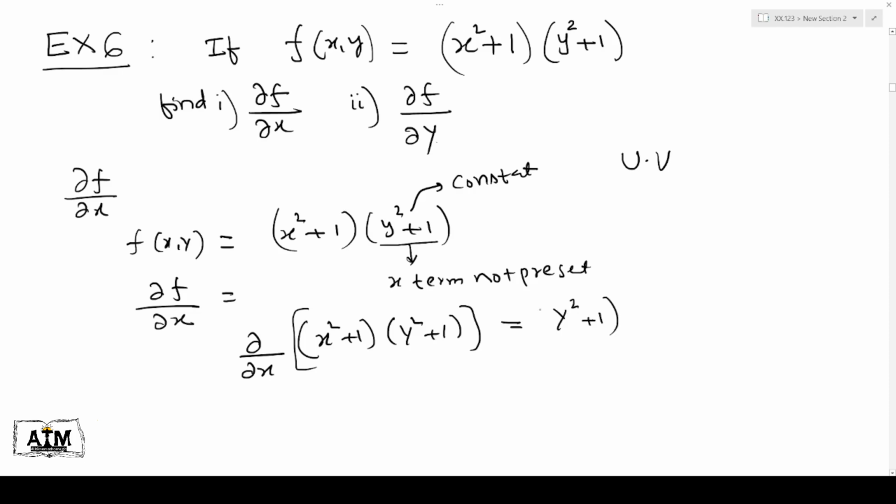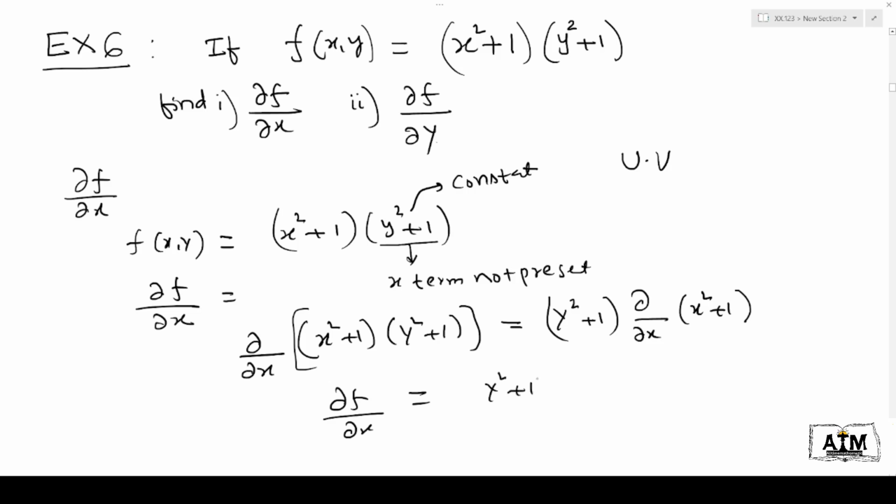So y square plus 1 taken out, then partial derivative of x square plus 1 with respect to x. Therefore, dou f by dou x equals y square plus 1 as it is, and derivative of x square is 2x. Therefore, final answer dou f by dou x equals 2x multiplied by y square plus 1.